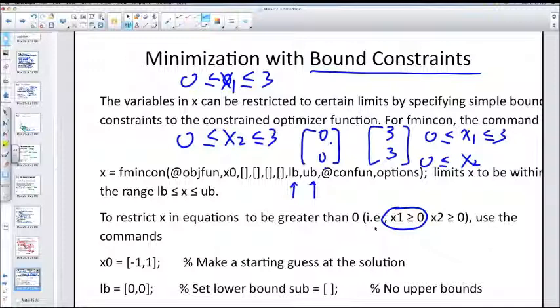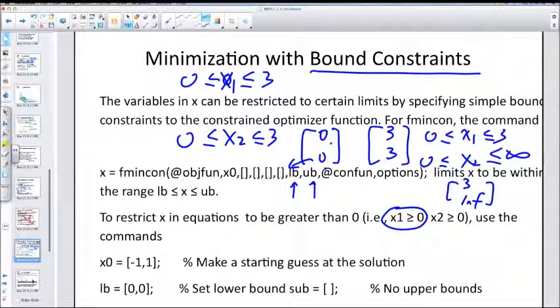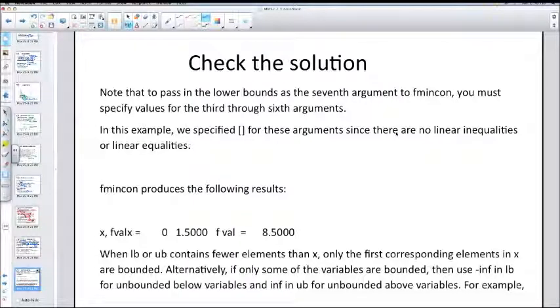And then you can still put this parameter here, but how about the upper limit here? You cannot just put 3. That's not good, because you have 2 variables. And the tricky part is you put the infinity here. That means less than infinity. Of course, that's good. So that's a little tricky part. So if you don't have it, you put the infinity.